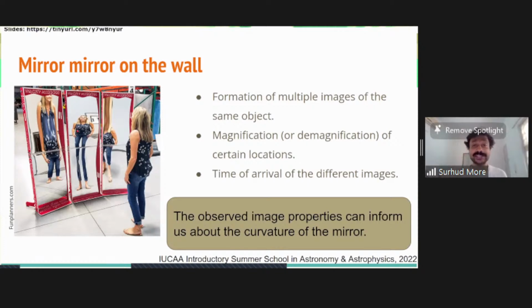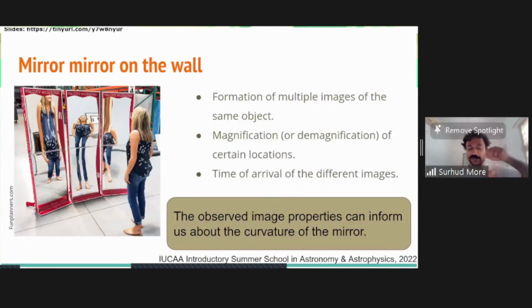So light is taking these three different paths and still coming towards you, and that's why you see formation of these multiple images in this particular case. In addition, you also see that at certain locations you see magnification or demagnification of images. Right? So you're seeing these legs getting taller and so on, and here they are getting shorter or squeezed. So you're seeing these magnification effects as well.